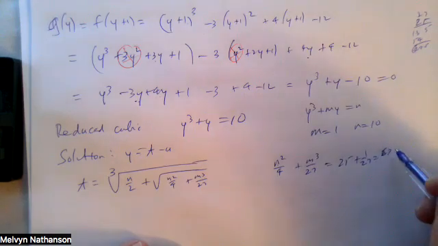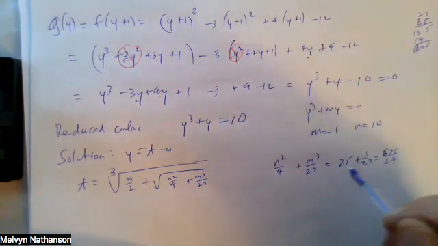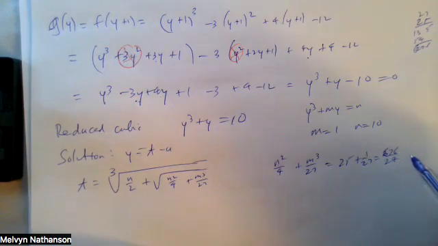This is 676 over 27. All right. 676. Trying to think whether that factors in some nice way.